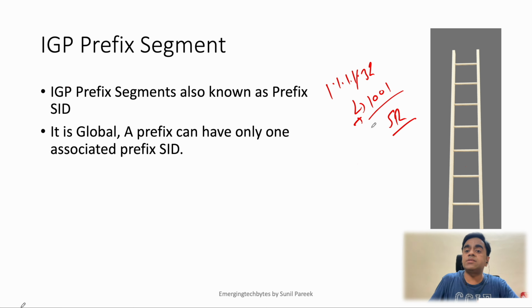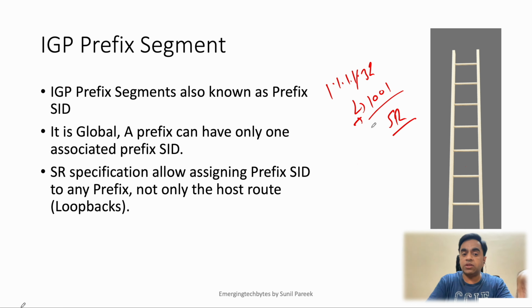This has to be unique. And now going back to the previous analogy, the SR specification basically allows you to assign a prefix SID to any prefix. This is important. As per specification, you can assign a SID to any prefix.